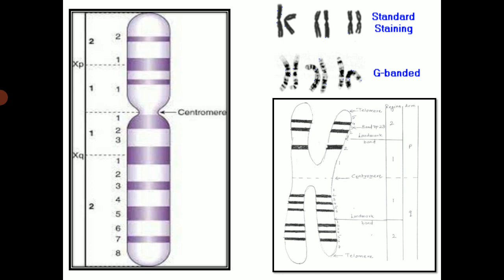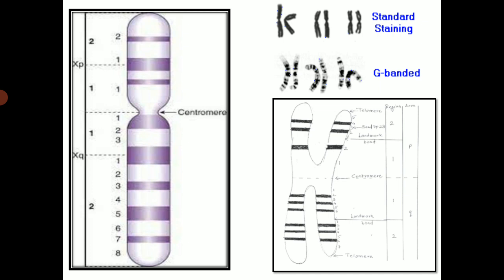Okay, so banding techniques reveal many morphological features and finer details of the chromosomes by which chromosomes can be identified. Okay. At the Paris Conference in 1971, a system of nomenclature was established that can be used to designate the position of any band or interband in a given chromosome.